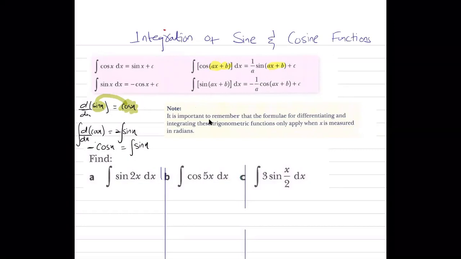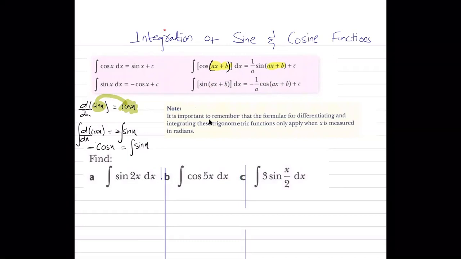This ax plus b represents the angle over here. So sine ax plus b upon a plus c. Similarly, integration of sine ax plus b is going to be minus cos ax plus b divided by the differentiation of the angle, that is a in this case.